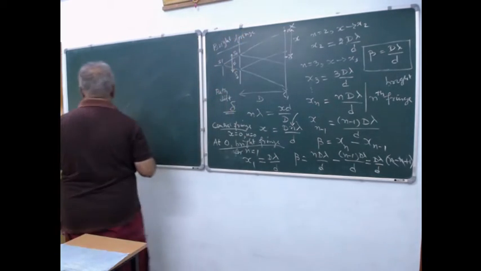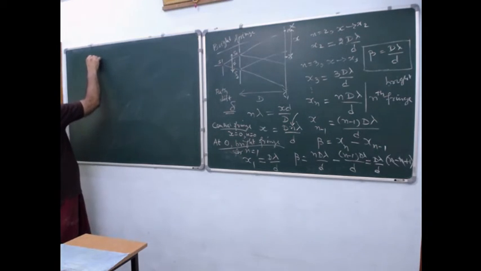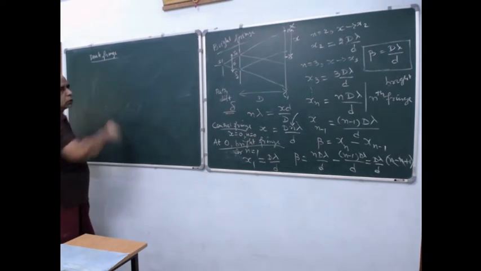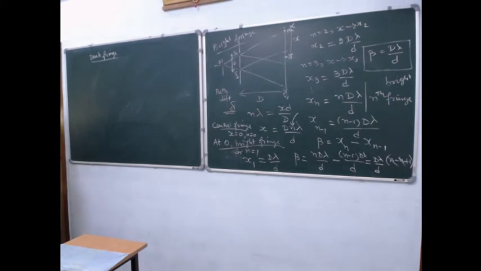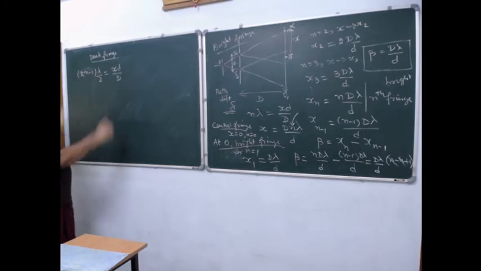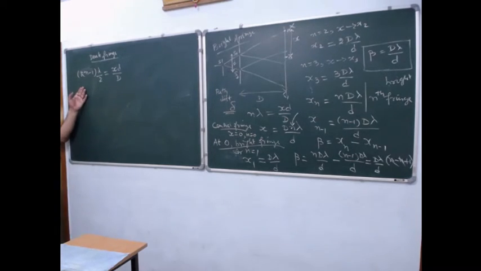Let us consider the dark fringe. For dark fringe, the path difference is given by n lambda, xd by D. I can put that as (2n minus 1) lambda by 2 is equal to xd divided by capital D. So this is for dark fringes.